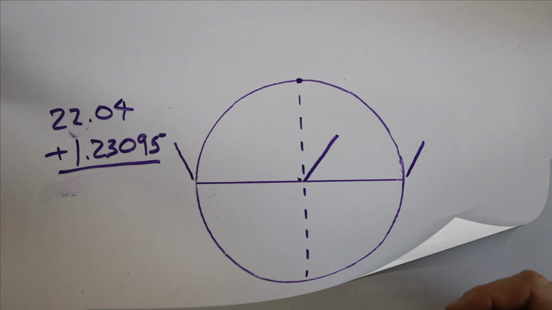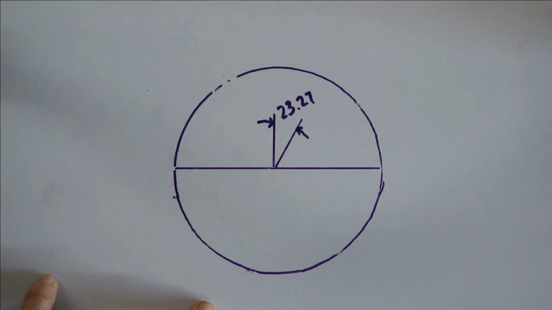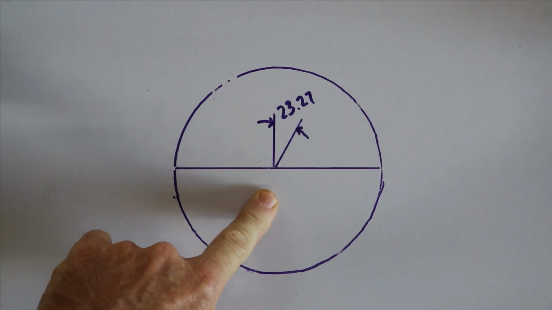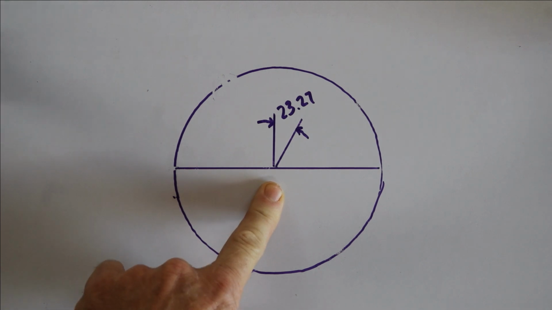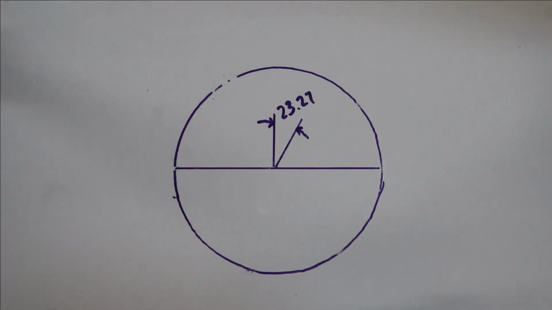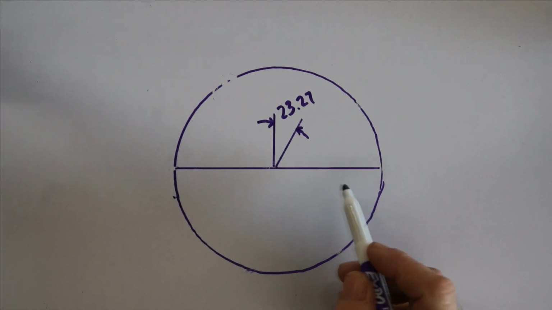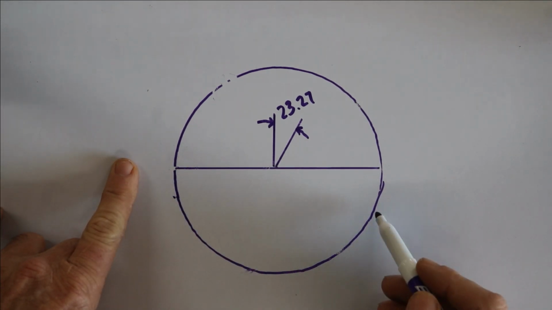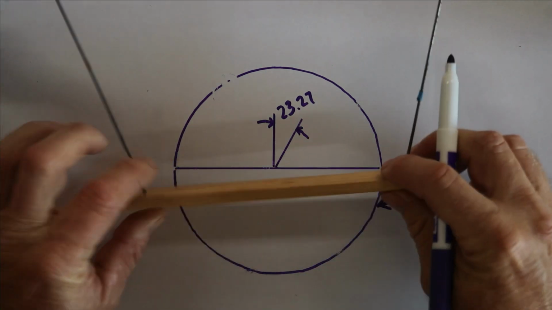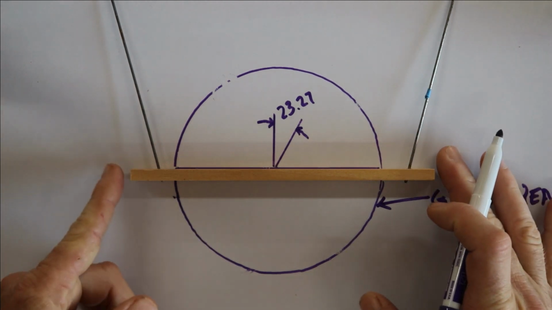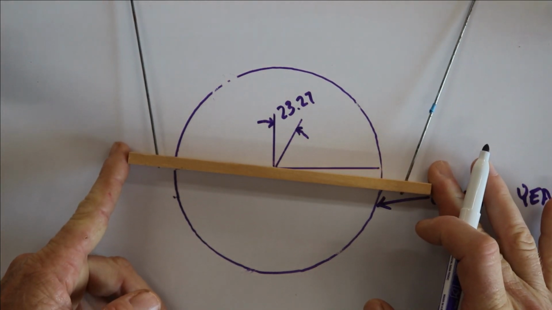Now what am I saying? So what I'm saying is, now that we've established the mean tilt of Earth is 23.27, if we take that as being a constant tilt of Earth's axis, then a way that we could determine how much tilt there might be in the great year is we could just tilt that slightly.